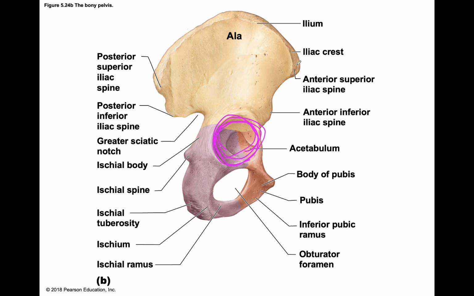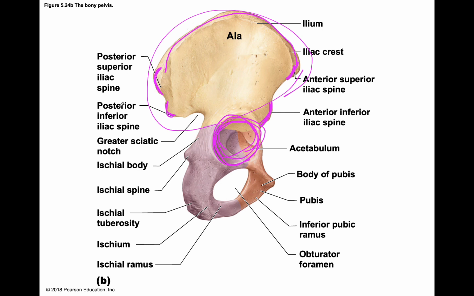The top is called the iliac crest. It is the crest that is formed in the ilium. You have the superior iliac spine, and if there's a superior one, there's probably going to be an inferior one too. Inferior iliac spine. You have a posterior superior iliac spine and a posterior inferior iliac spine.